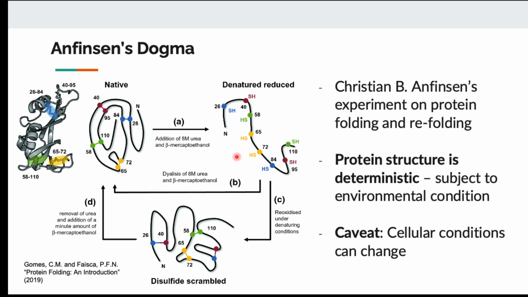So there is some determinism that given a sequence, it's going to fall into some defined structure inside the cell. But the caveat here is if you change the cell condition, you change the pH, you're going to get a different structure.